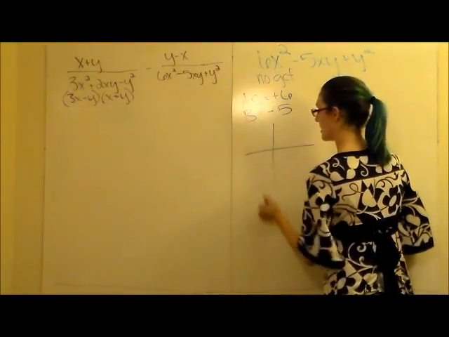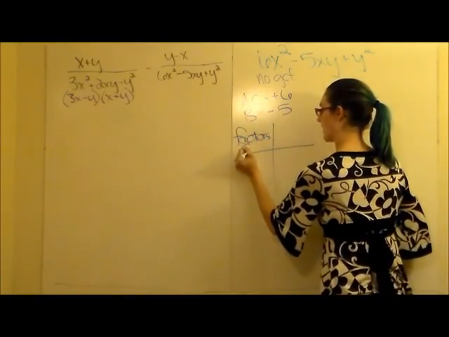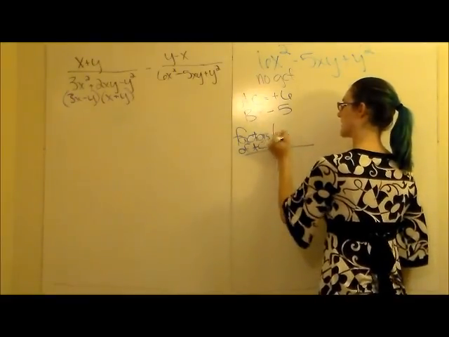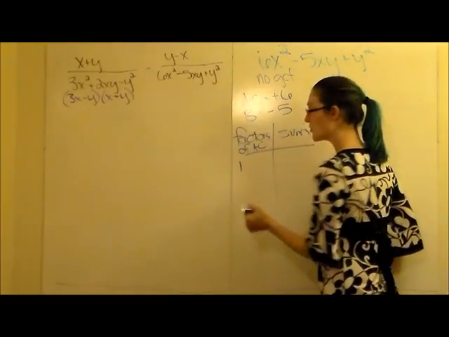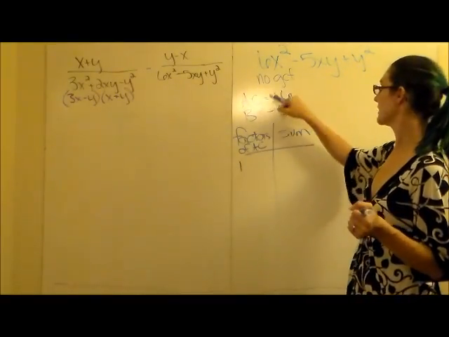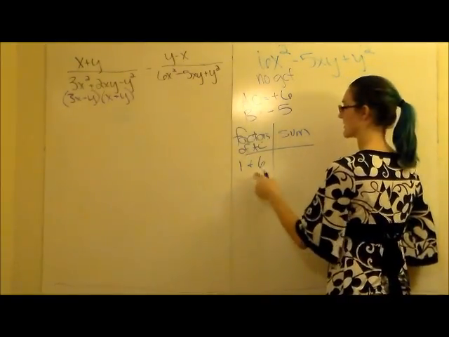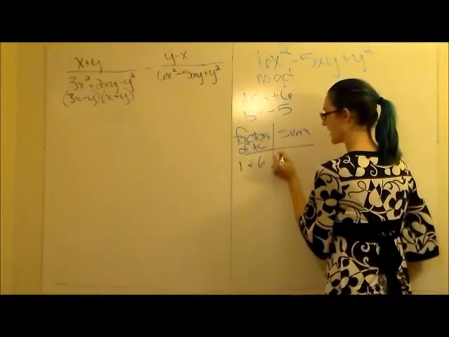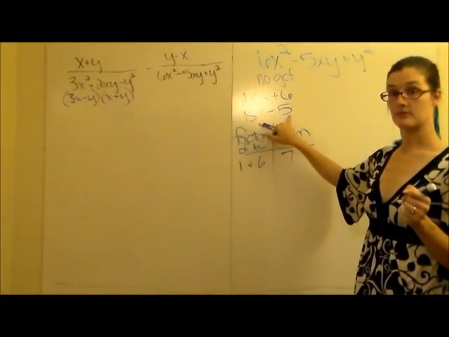If we do our chart, I need factors of AC, and then I need the sum of those factors. So if I take the number 1, because 1 is a factor of everything, 1 times what makes 6? 1 and positive 6. If I add those together, I get 7. I want negative 5 for my sum.